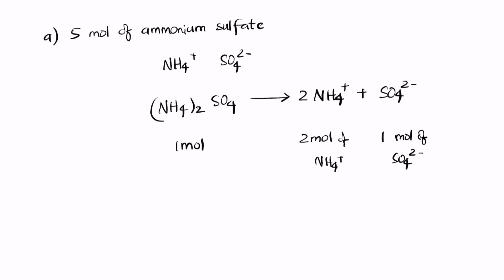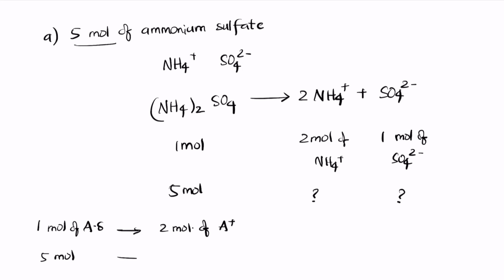Now, how many of them are there in the original problem? You have 5 moles. So if this is 5 moles, what should be each of these values? Now take the ratio separately. For 1 mole of ammonium sulfate, you get 2 moles of ammonium ions. So if this is 5 mole, how much should this be? Take it as X and cross multiply. X becomes 2 times 5, that becomes 10 mole.